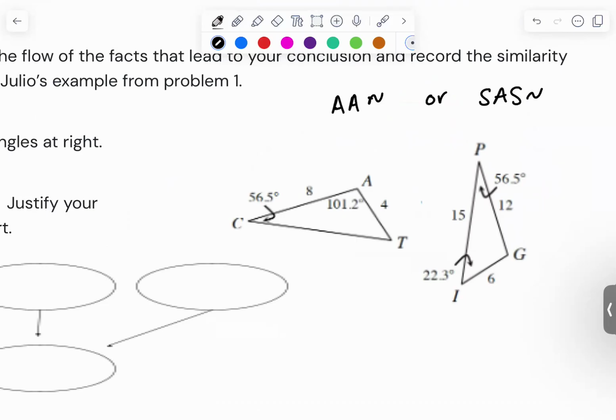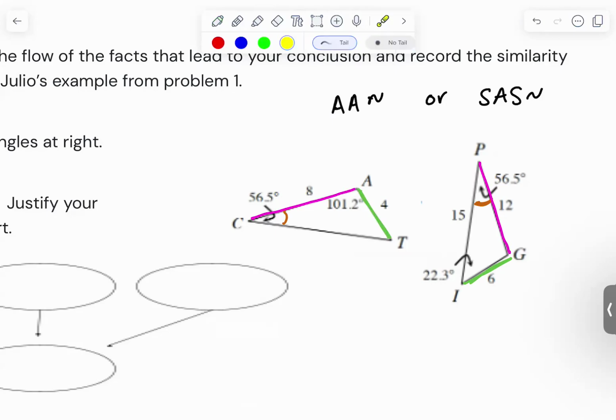Okay, so looking back at this, angle-angle, we know for sure we have this angle right here that is the same. We have a side here, and a side. Here, we have 6 and then 4 right here.